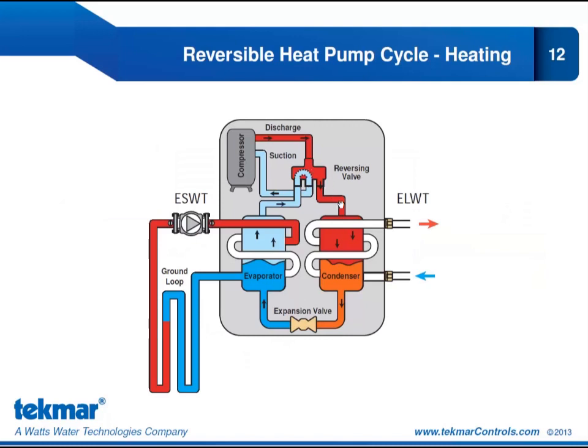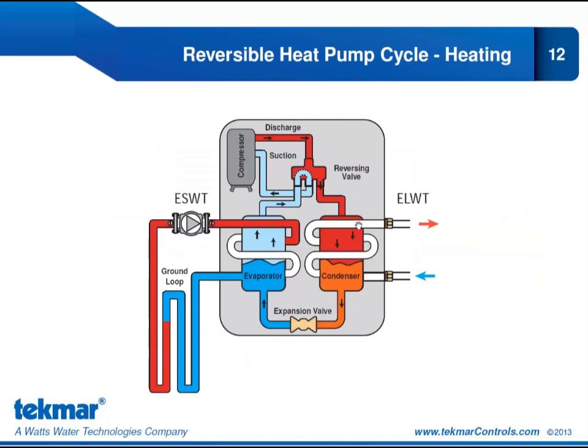The vapor then passes to the condenser, and it releases that heat to the condenser coil. Now what is passing through that coil is the water for the hydronic distribution side. And this is what we call ELWT, entering load water temperature.